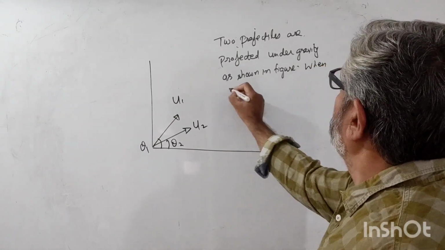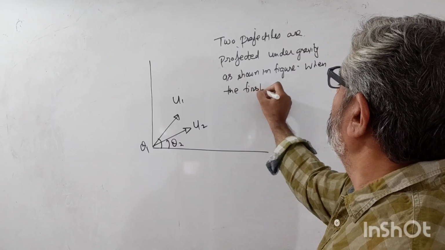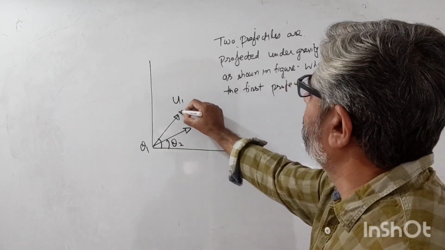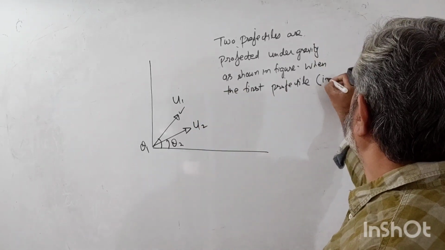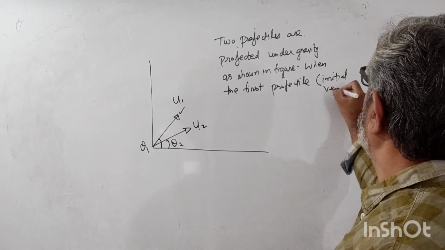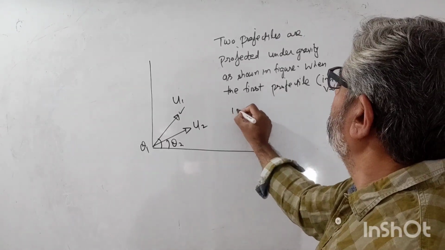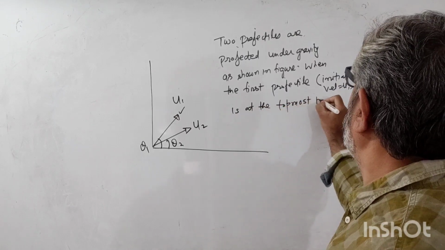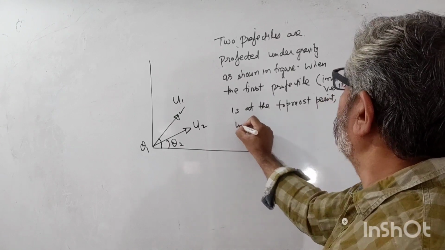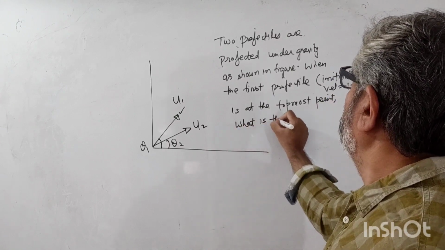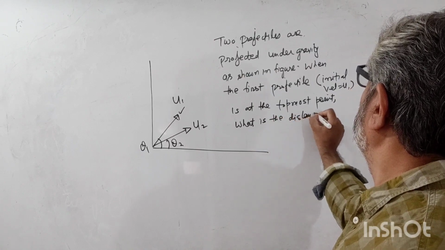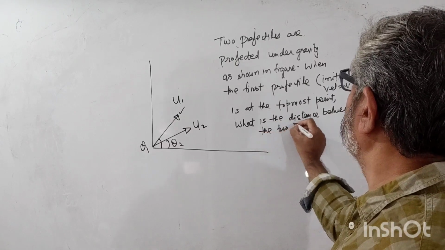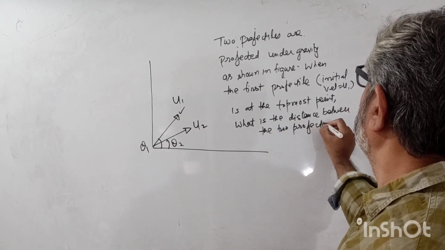When the first projectile, and when I am saying first projectile, I am referring to this one, that is having initial velocity u1, is at the topmost point, what is the distance between the two projectiles?